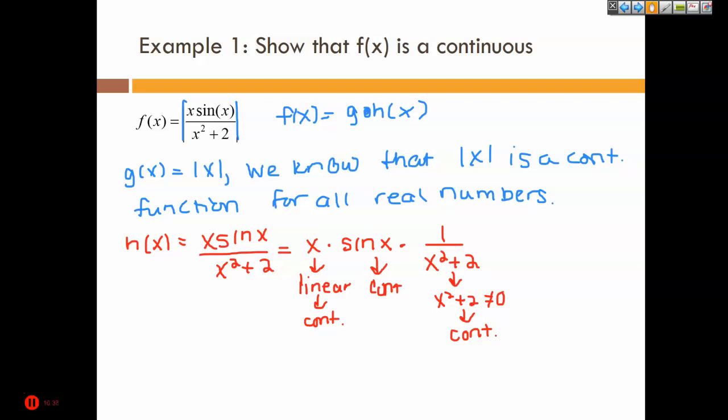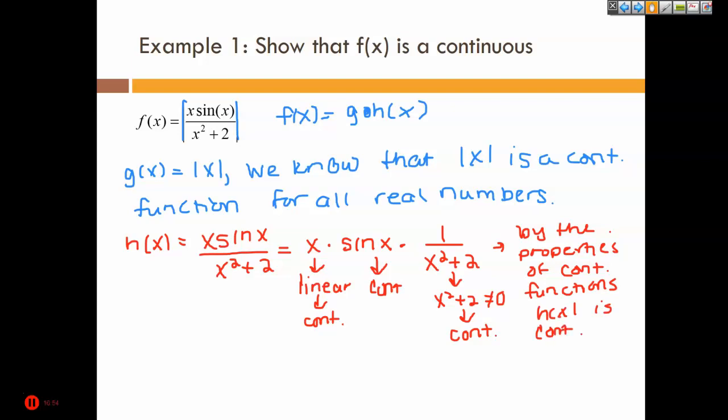So by the properties of continuous functions, h of x is continuous for all real numbers.